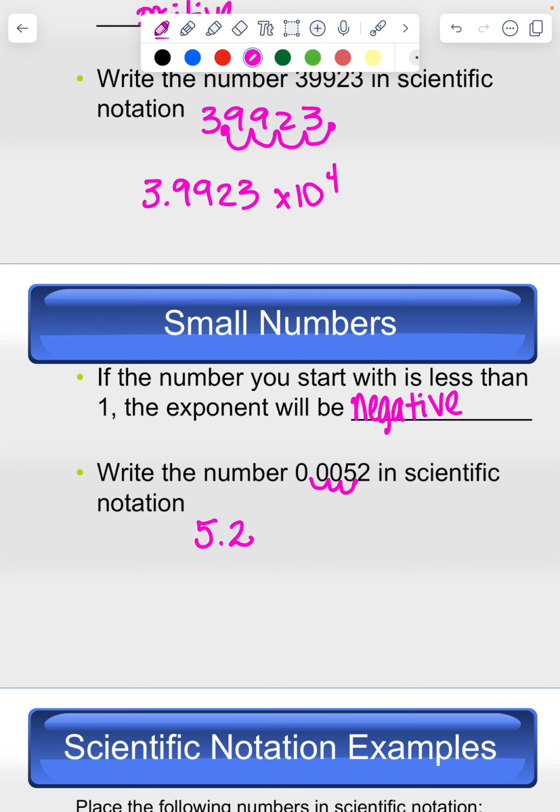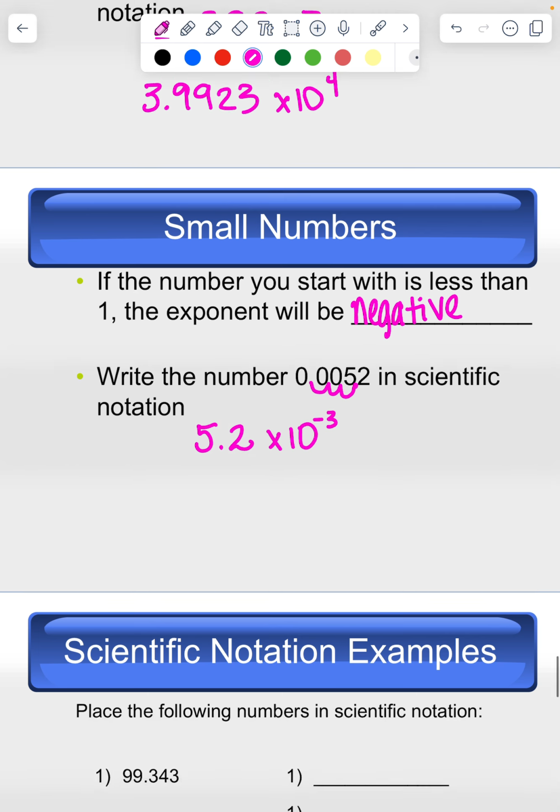So our coefficient will be 5.2, always followed by times 10. Then we figure out our exponent. The number was less than 1, so it's going to be negative, and the number is how many decimal places we move, so it'll be to the negative third.